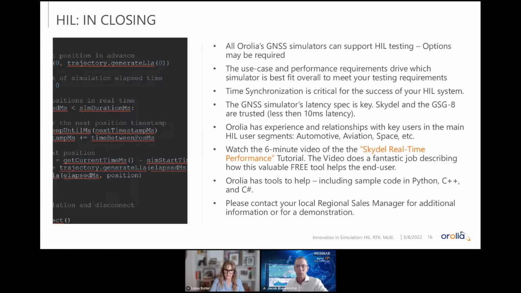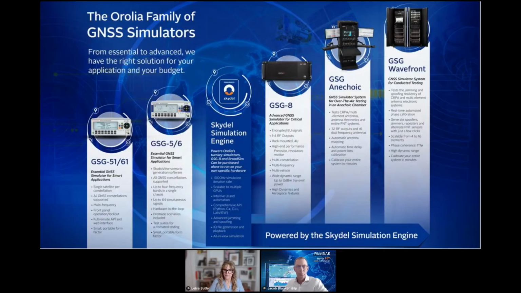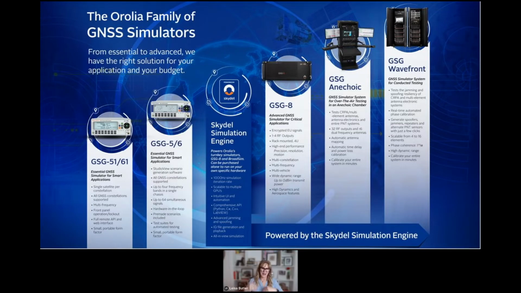And then, we've been talking about a couple of different simulator models, and I wanted to take a shot just to introduce them very quickly here. The GSG 5 and 6 on the left are what Orolia calls our essential simulators.